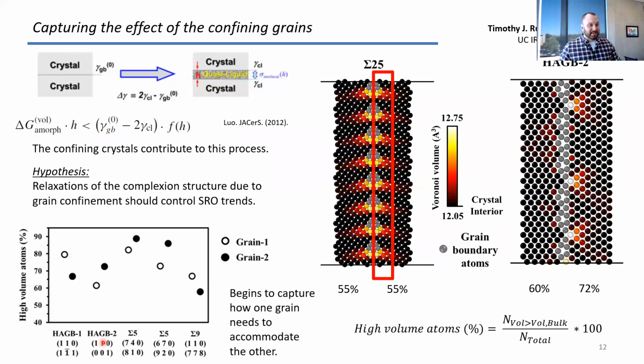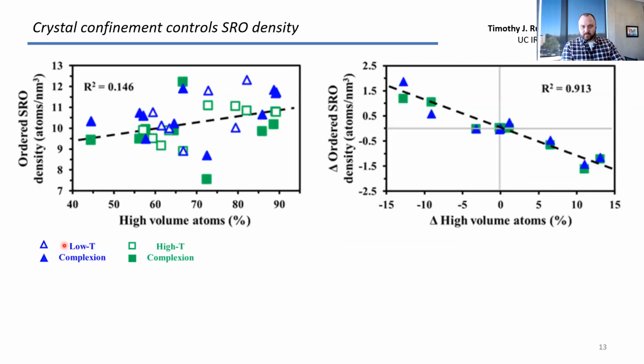And now you can start to see a difference. Even though that crystal is oriented the same, it's mushed up against a differently oriented crystal. Because of that, it has different local strains and local regions of high atomic volume. So we think that might be getting us down the right road where we can understand how these grains are accommodating each other. And what's great is that we can start to test this idea.